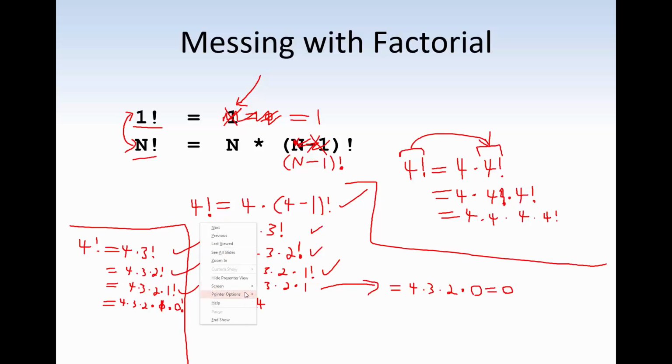Let me clean that up just a little bit so it looks better: 4 times 3 times 2 times 1 times factorial of 0, right? Notice we didn't stop. And this will continue again, right? Let's say I want to compute the factorial of 0. Well, if I have this one as the first rule, then I'm going to have this: 4 times 3 times 2 times 1 times 0 times -1 factorial, right?